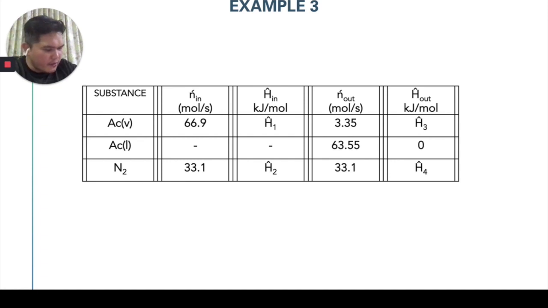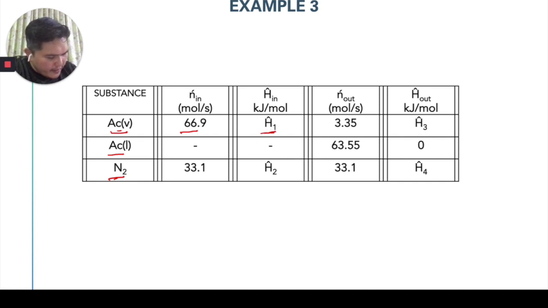So this is where we construct the inlet outlet table. In this particular case, we have acetone vapor, acetone liquid, as well as nitrogen. These are the components that we have in our condenser. What is coming in is acetone vapor as well as nitrogen. From the material balance, we know that the acetone vapor coming in is 66.9, and we do not know the specific enthalpy yet.